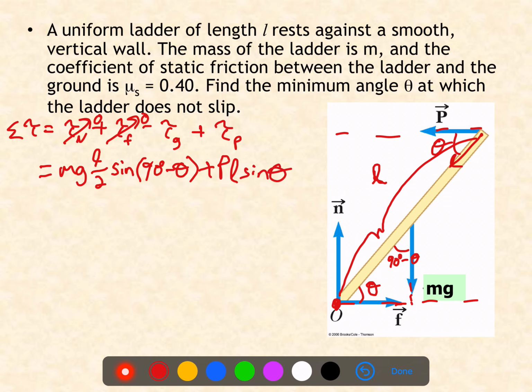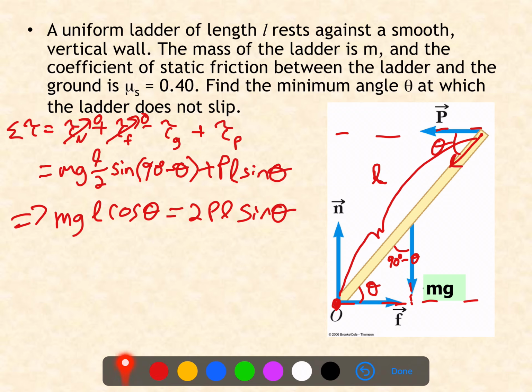Okay, so if we then simplify this, this is going to tell me that mgL cosine of theta is equal to 2PL sine theta. Because recall that 90 degrees minus theta is the same as cosine, so I can make that replacement there.